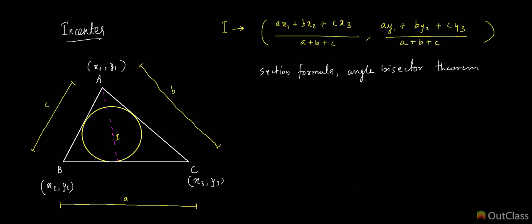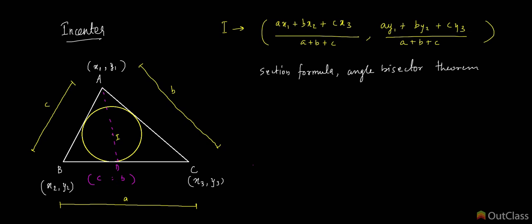So this angle bisector is AD. Let's try to find the coordinates of D. Now, because it's an angle bisector, we can apply the angle bisector theorem and say that D divides BC in the same ratio as c is to b. So then we are doing the section formula, trying to find the coordinate of D, the point on BC which divides it in the ratio c is to b.